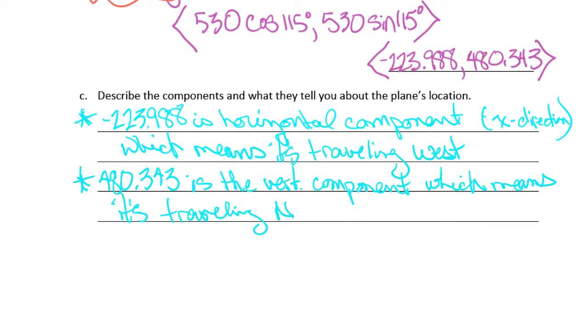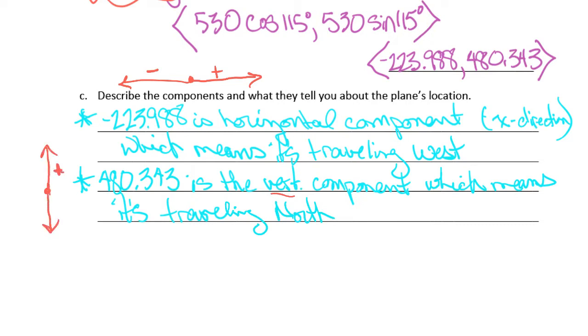How do I know that it's traveling west and north? Well, if my horizontal component is negative, think of it as a number line. These are the positives, these are the negatives in the horizontal direction. In the vertical component, think of your up, down.